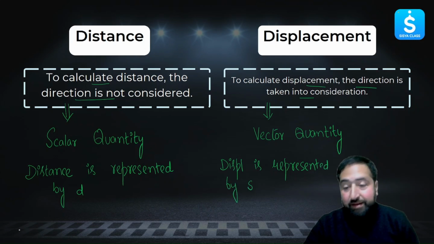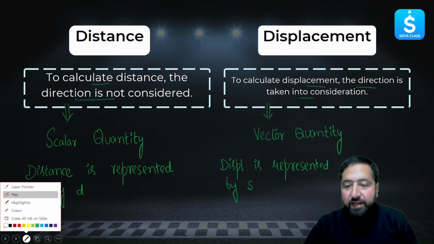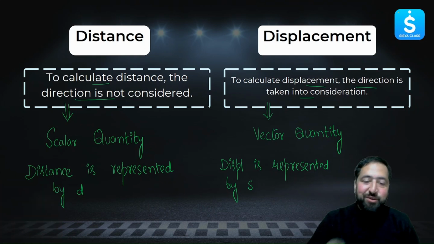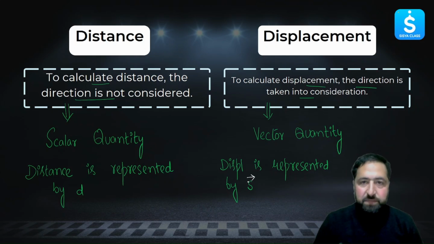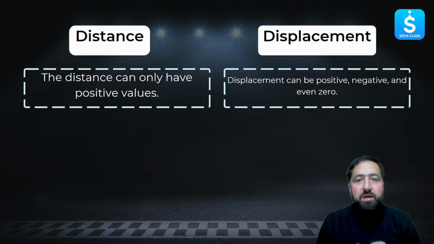Got it? And it's a vector quantity, and you know that when we represent vector quantities we put an arrow on the top. Okay, that's nice. Very good. Let us move to the next difference.